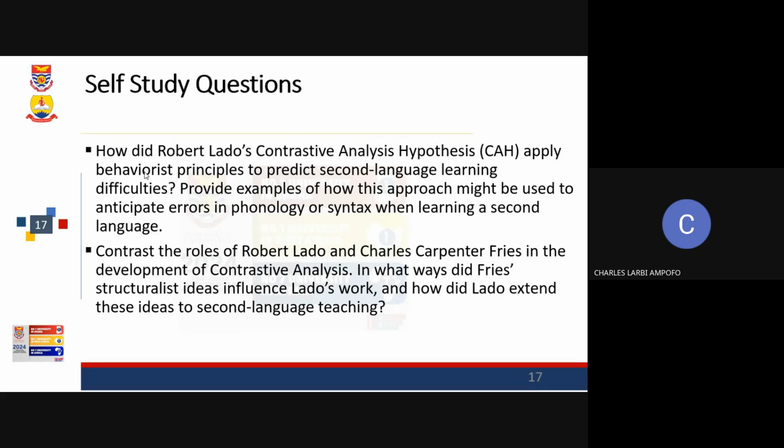So if we apply the principles of contrastive analysis, can we say that if you have only O in the he... Hello, your voice is breaking. Yes, Shaibu, we are listening. Okay, so I'm saying, can I say that if you have only O... what is in English?